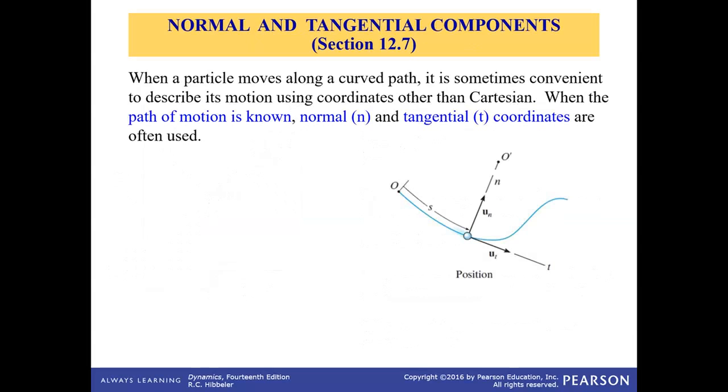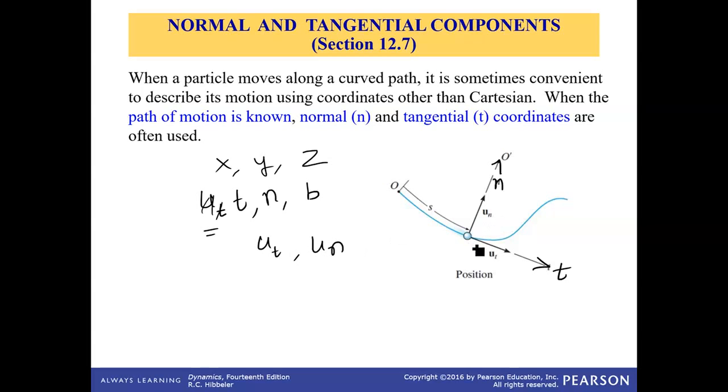So let's look at the normal-tangent coordinate system. A particle is traveling along a curved path, so we use a new coordinate system. Instead of xyz, we call this coordinate system t for tangential, n for normal, and b for binormal. The first step is, for any given position of the particle, define the tangential axis, which is t, and define the normal axis, which is always towards the center. Now ut and un are unit vectors for the tangential and normal axes respectively.